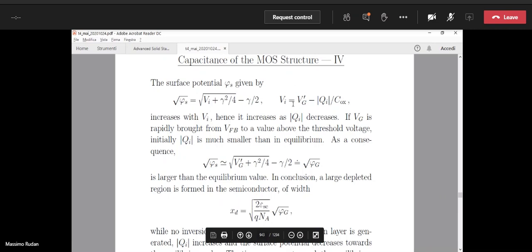You remember Vg prime is the gate voltage minus the flatband voltage. The absolute value of the inversion layer and the oxide capacitance. Gamma, you remember, is the coefficient that appears in the relation between charge and surface potential.